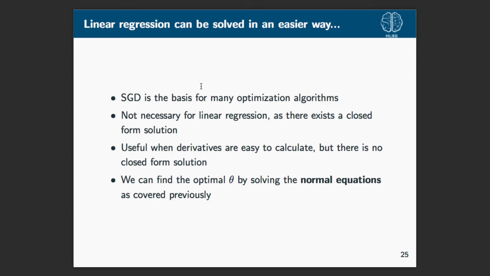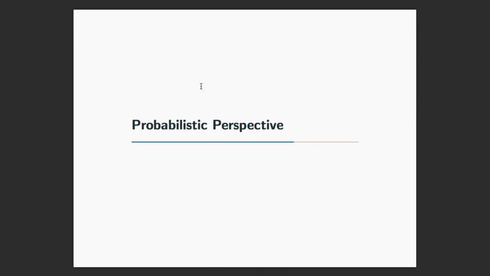Now we're going to look at how to reason about linear regression and where its roots come from and why we use that squared loss explicitly. So this would be a little bit of a different direction. We're not going to be talking about optimizing the cost function. So any questions before I move on?